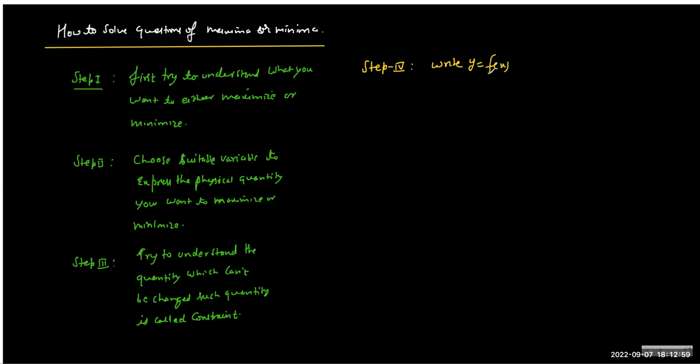If you have taken multiple variables to express the answer, try to eliminate the variables till it becomes a single variable. So write y equals f(x), and then step 6 will be find dy/dx and d2y/dx².